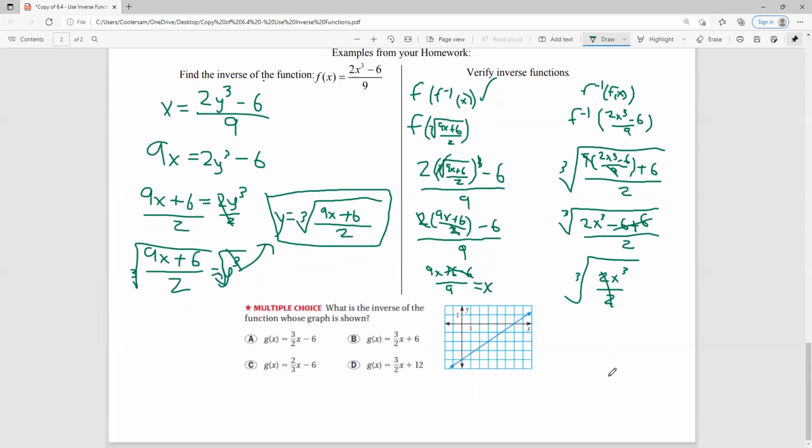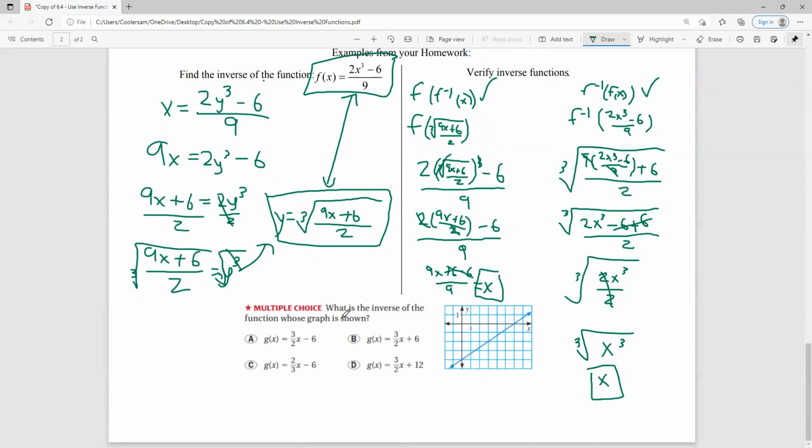The 2's are going to cancel, and I'll just have the cube root of x cubed, which is just going to leave me with x. So I got x both times. That means this has an inverse, and its inverse is this. These two are inverses of each other, because when we did the composition of them and their inverse, we get x both times.